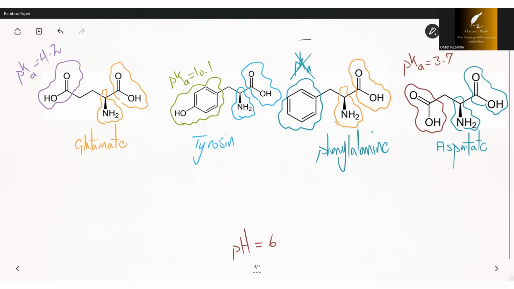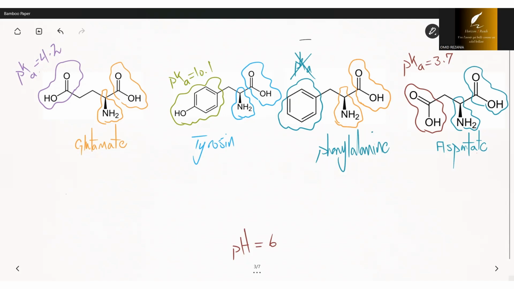First, I'm going to look at the glutamic acid. I'm going to compare 6, the pH of the solution, with 3 different pKa values. Because you remember, I said that pKa values, in absolute terms, have no significance. You always have to compare them with other pKa values. Now, I have 3 comparisons to make: 2 terminals, 1 side chain.